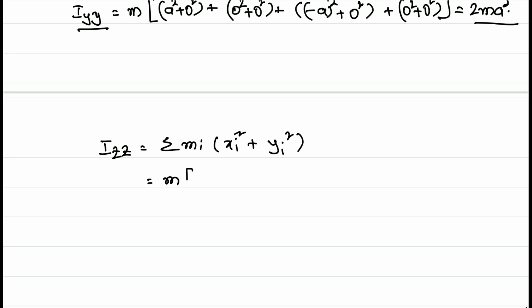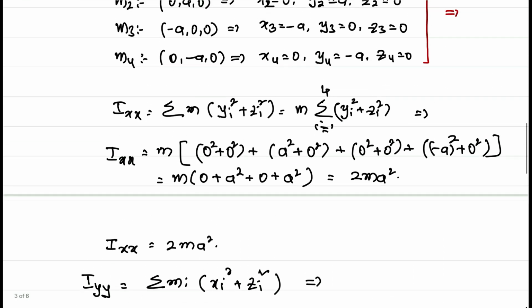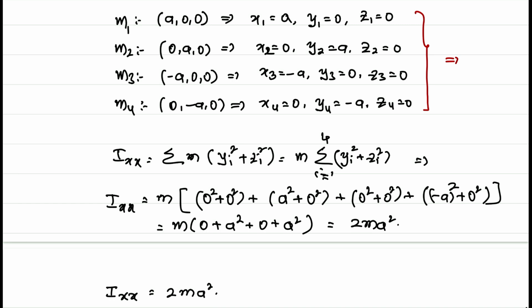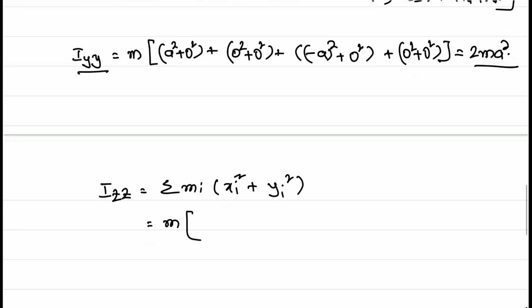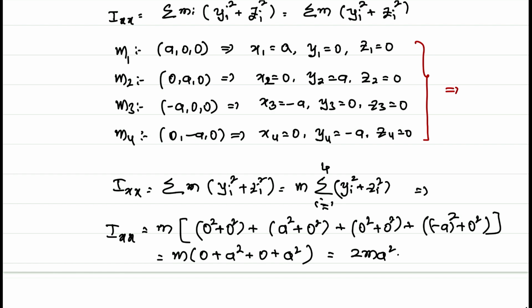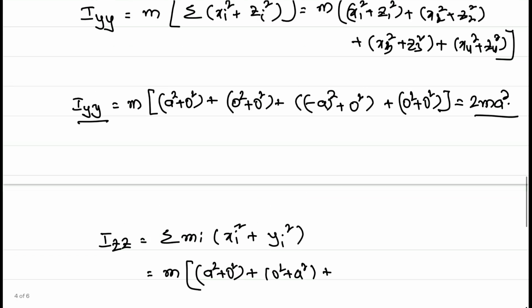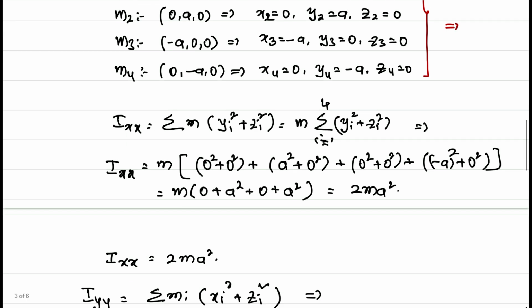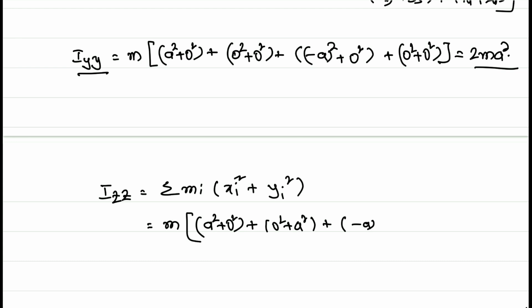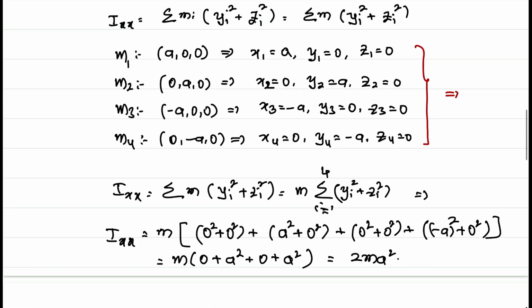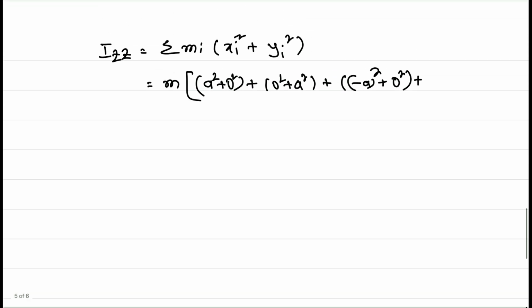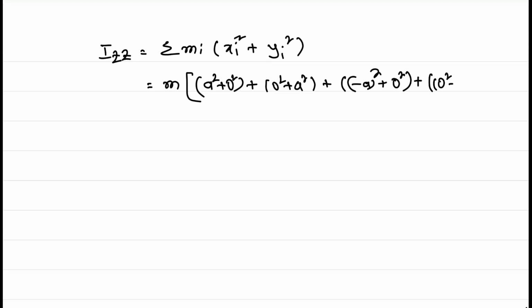That is equal to m into, what is x1 square plus y1 square? x1 is A, y1 is 0, A square plus 0 square, plus x2 square plus y2 square, x2 is 0, y2 is A, 0 square plus A square, plus x3 square plus y3 square, x3 is minus A, y3 is 0, minus A whole square plus 0 square, plus x4 square plus y4 square, x4 is 0, y4 is minus A, 0 square plus minus A whole square.